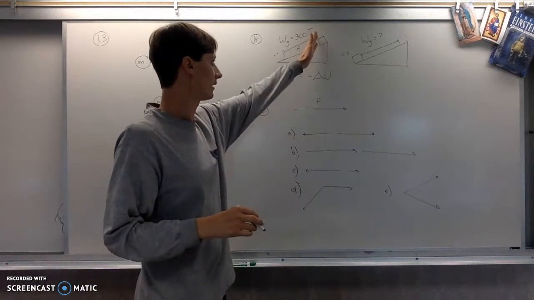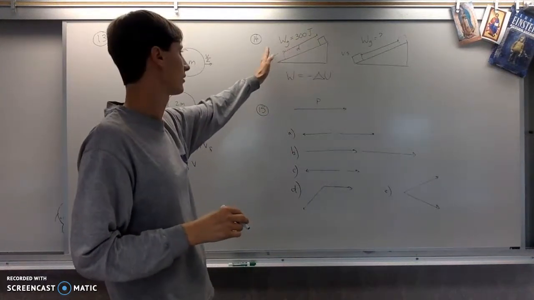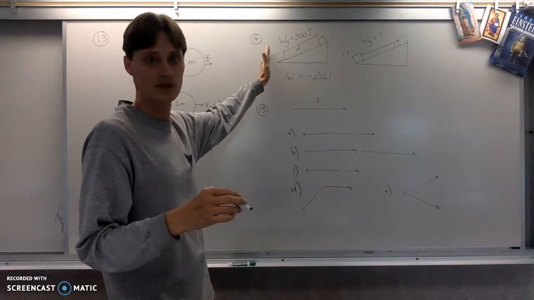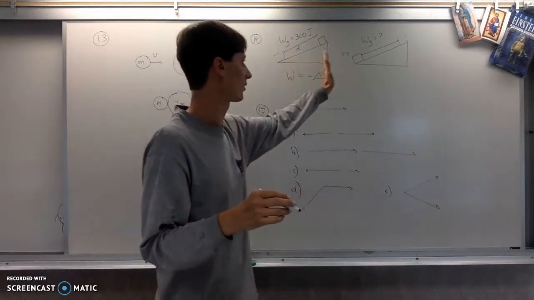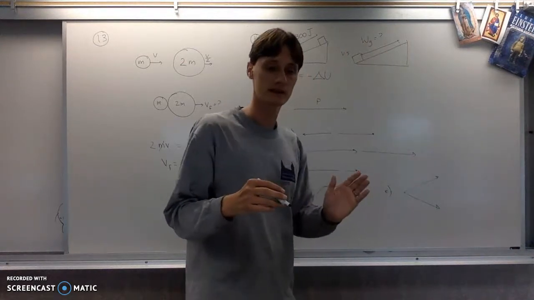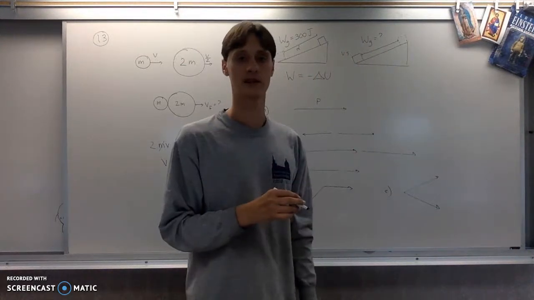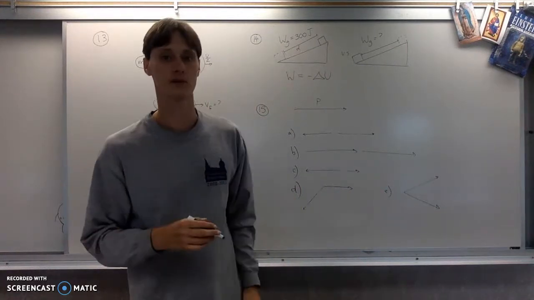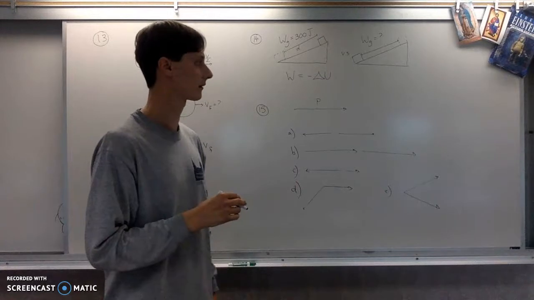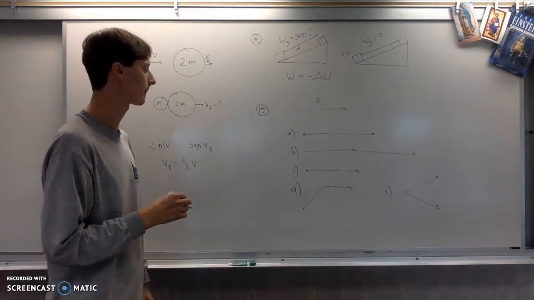So if gravity does 300 joules of work on the way down, that means that we lost 300 joules of gravitational potential energy. All right, so on the way up, we gain 300 joules of gravitational potential energy. Therefore, gravity does negative 300 joules of work. All right, so that's all there is to that.